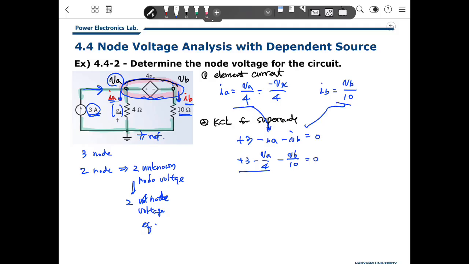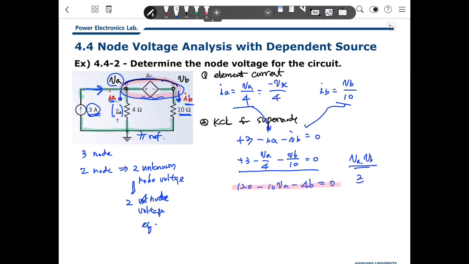From here you can calculate 120 minus 10 VA minus 4 VB equals 0. Okay, we have one voltage equation. How many unknown variables do we have? VA and VB.